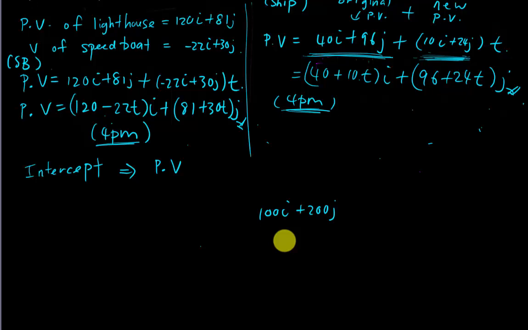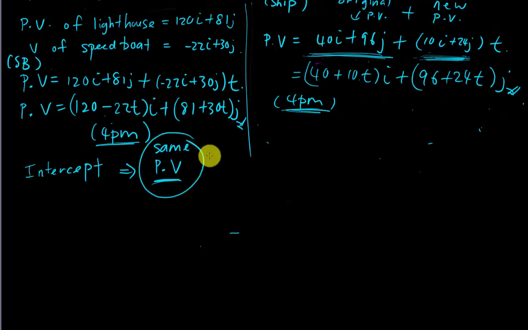So both of them must have the same position vector. This is for intercept. First, they must have the same position vector. Second, when they intercept, they must be at the same time.